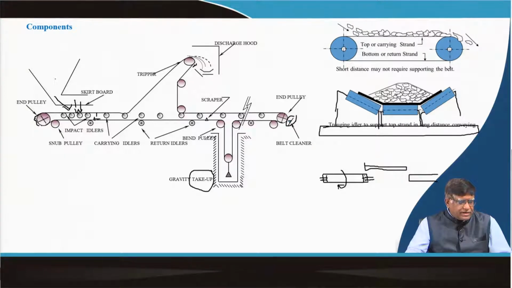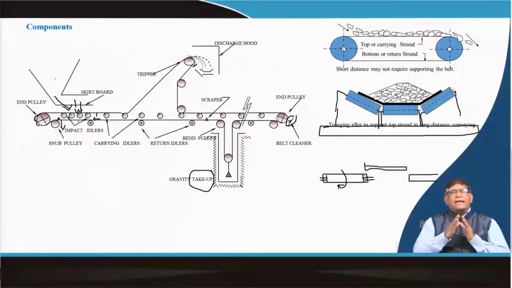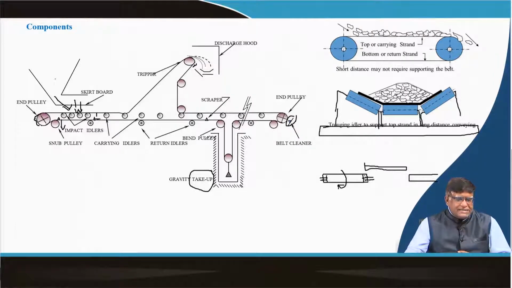So, that is why you have to have a scraper arrangement, so that if any material is coming from here, it will fall down outside. That is also a belt cleaning device, which is not shown in this figure, but you remember that it is sometimes called a plow or a scraper, by which you will be scraping these things.